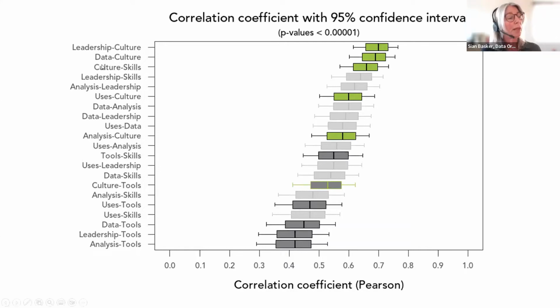What we can see here is the good news: all of our key theme areas are correlated positively. That concurs with our previous research that says it is the combination of 7 areas that combine to advance data maturity.